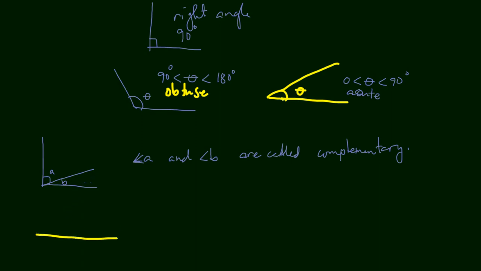But if I have a straight line, a straight angle, and I divide it into 2 or 3 angles, then angle A and angle B are called supplementary.